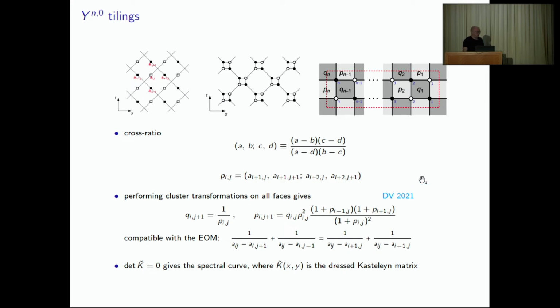Don't look at the indices, it's not important. The Q variables are slightly more complicated cross ratios. What's important is that these are Möbius invariant. So the isometry group of AdS3 is gone now if you look at the brane tiling.